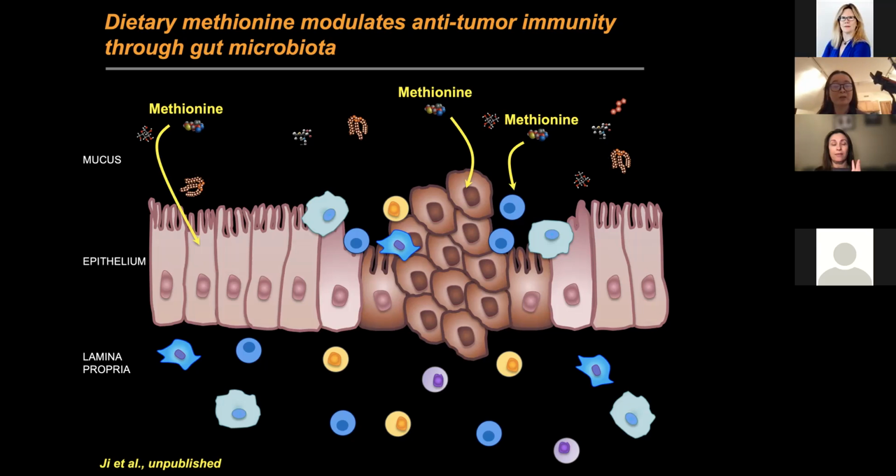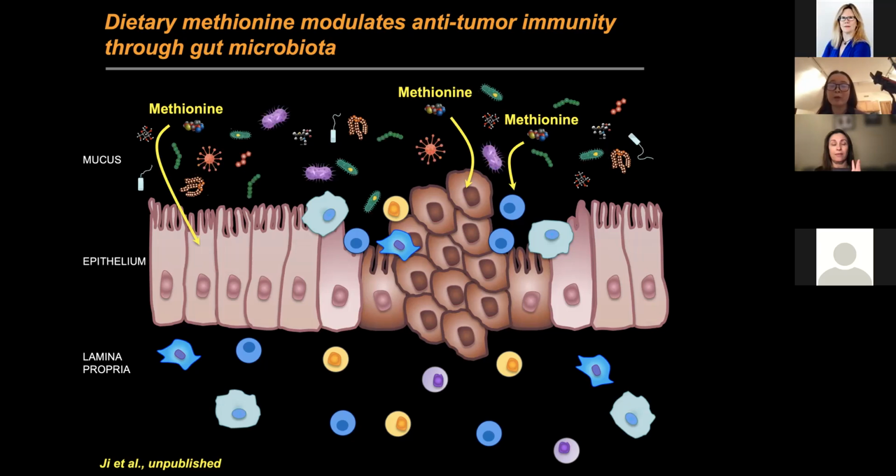We show in our study that the gut microbiota play an additional layer of regulation on the sensitivity of cancers to methionine restriction. In addition to this cell-autonomous requirement by the host cell, methionine can help boost the microbial production of hydrogen sulfide.